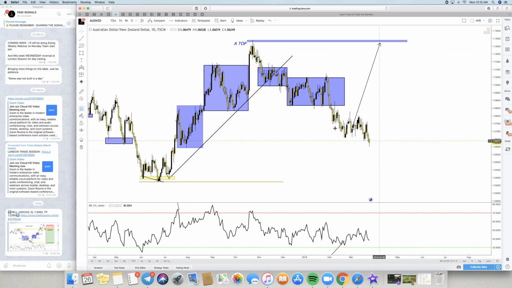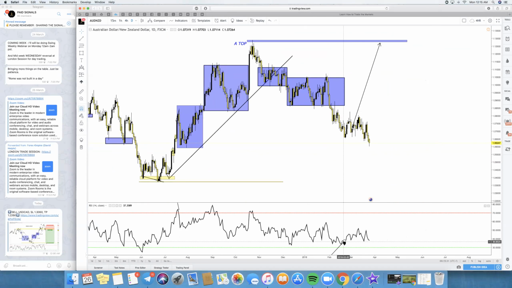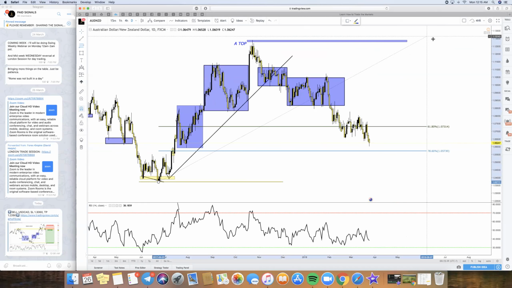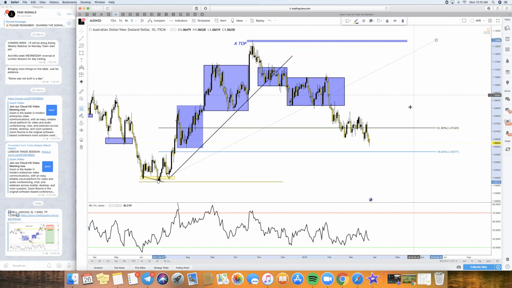That's a top, that's a W. So we're waiting on, let's see, Fibonacci levels. Let's draw it out and see where the Fibonacci levels are meeting up. 61.8, 78.6.